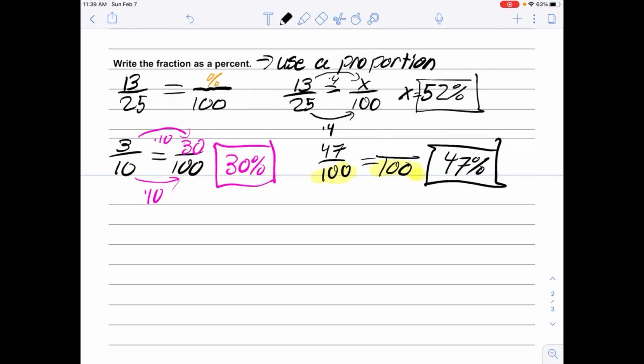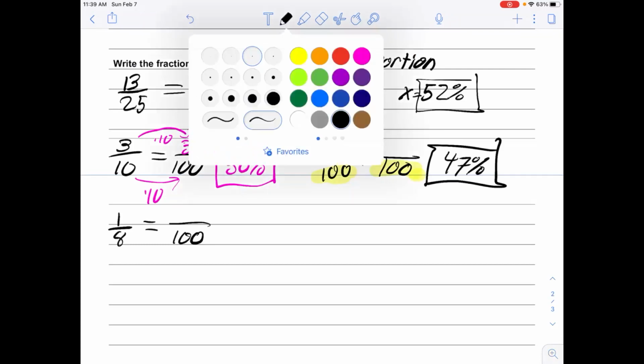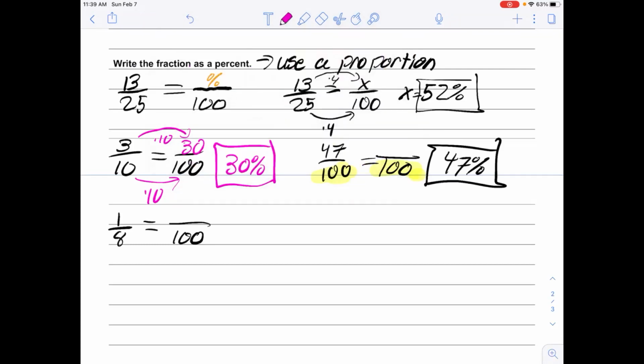How about if I have something like 1/8? If I want to turn 1/8 into a percent, and I set it up for 100, I see right away I don't have a nice relationship this way. But I do have a nice relationship this way. So looking over here, I need to know what that number is.